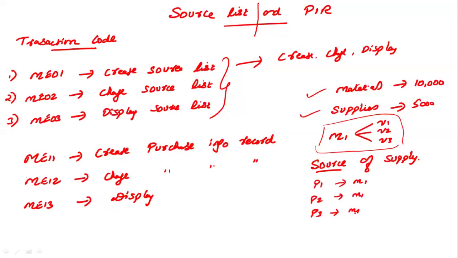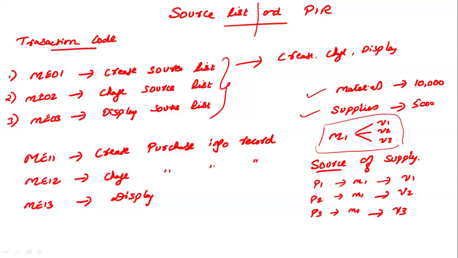Based on the plant specific purchase org or the standard purchase org, they are doing their own negotiation. They are not taking the information from the reference purchase org. And these plants have decided that they want to buy the material from different vendors. This plant has decided from this vendor, this plant from this vendor, this plant from this vendor.